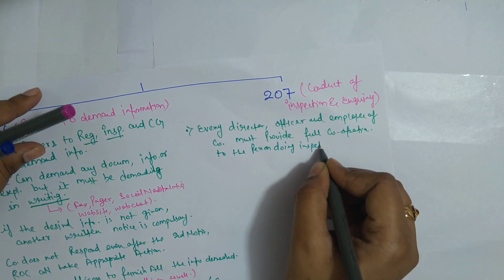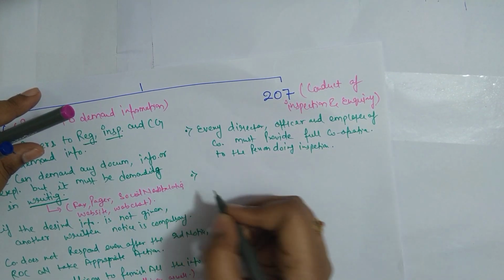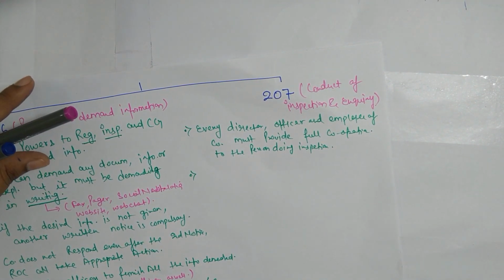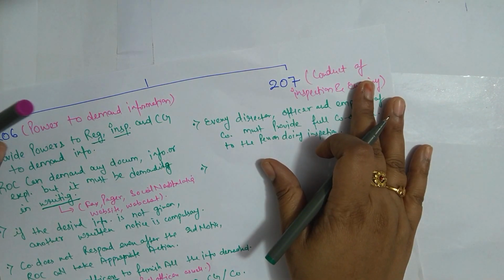You don't have to create any hindrances to that person. You have to give full cooperation. If he demands any information, anything required by the inspector, you have to provide it.